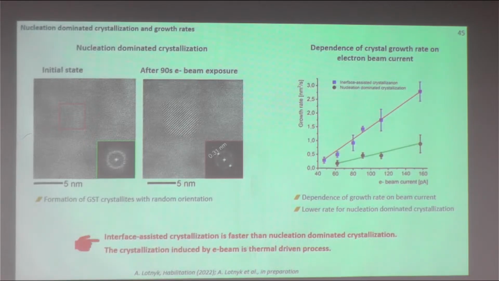And we also see, due to the linear dependence of the growth rate on the electron beam current, that this is a thermally driven process, because of the transfer of energy from the electron beam to the material, which causes local heating of the lattice.